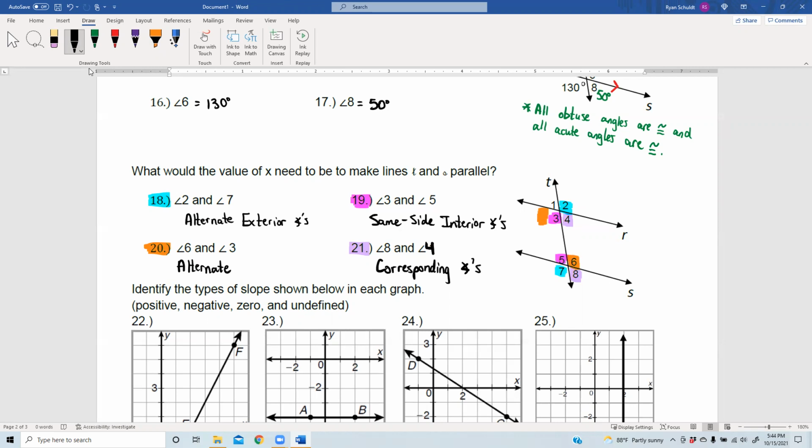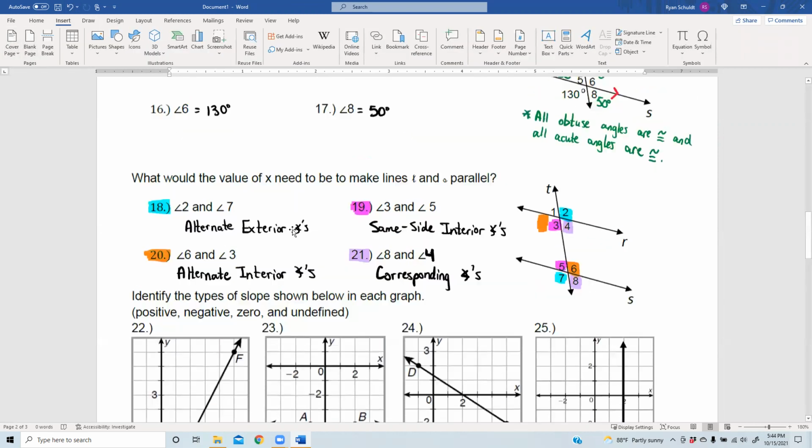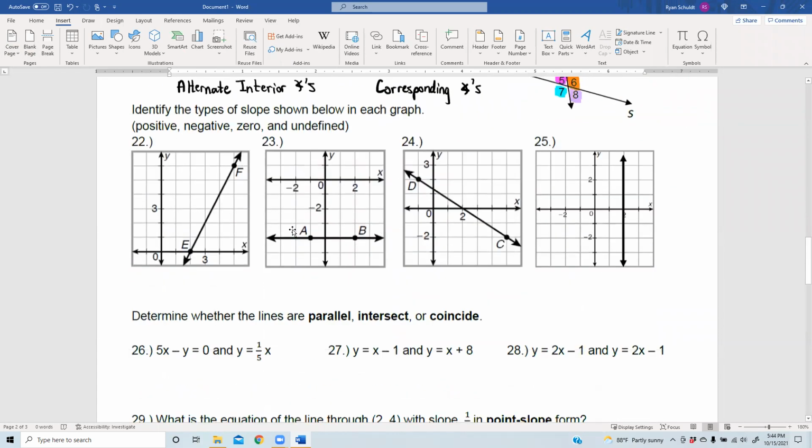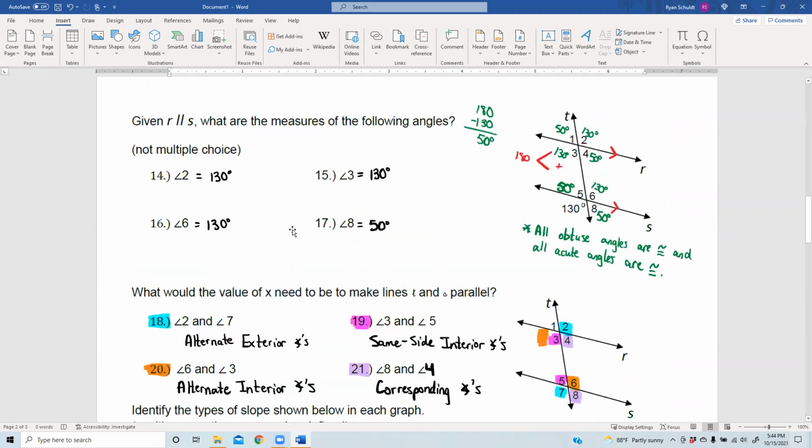Are they both inside the railroad tracks or are they outside? They're both inside. So these are alternate interior angles. Okie dokie. That's our extent of parallel lines.